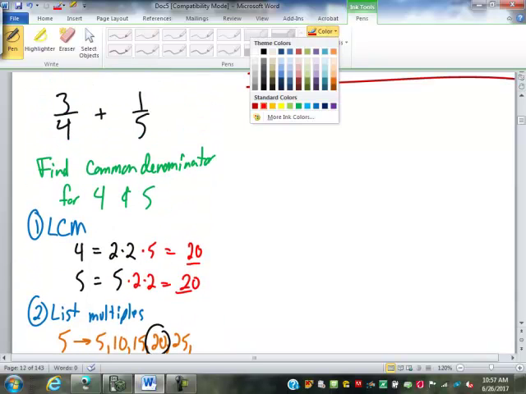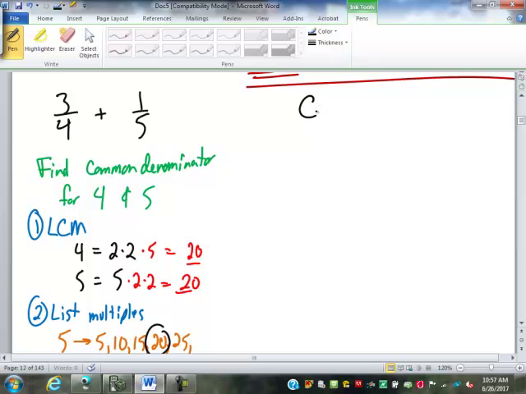So now that we know our common denominator is going to be 20, we must change our denominators to be 20.